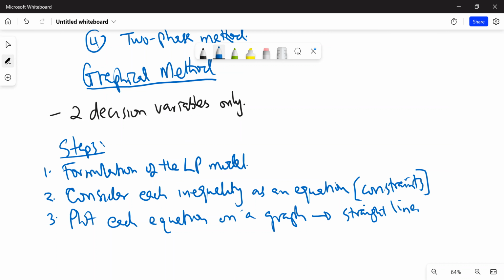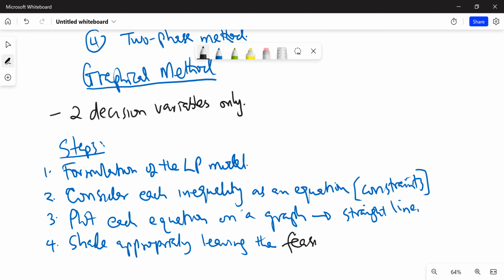Then after that, you are supposed to shade appropriately, leaving the feasible region unshaded.